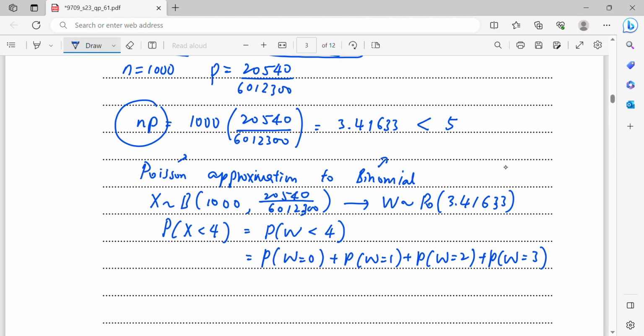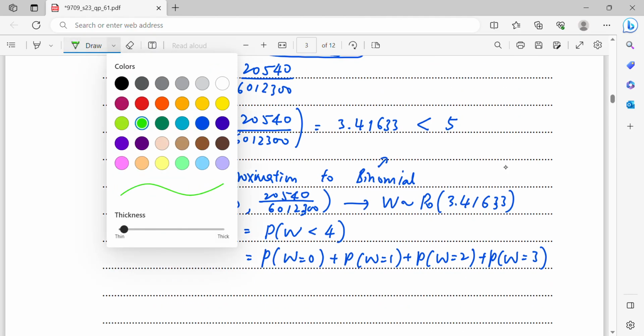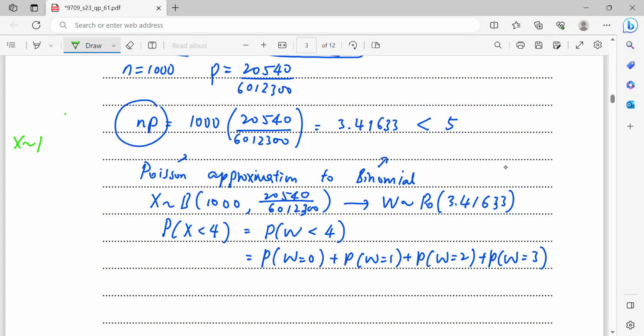For your information, for Poisson distribution, X follows Po(lambda), the probability equals e to the negative lambda times lambda to the power of x over x factorial. In this case, our lambda is 3.41633.